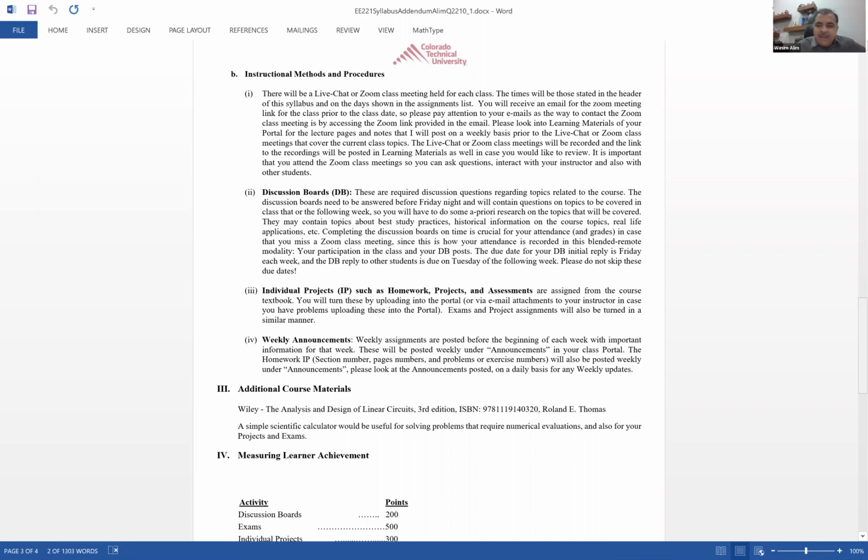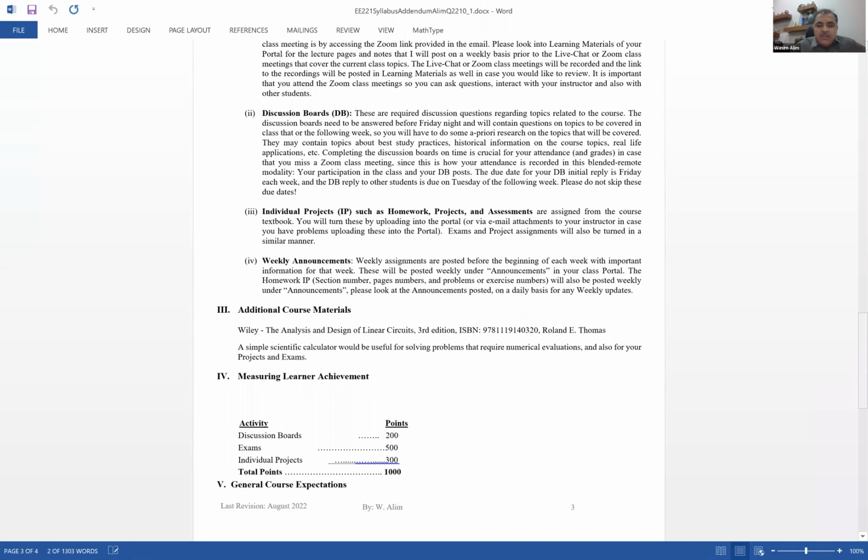And finally, the other assessment criterion is the exam. About 50% of our assessment will be done through the exams. Then 30% is through individual projects, which are homework assignments and lab assignments. And then there'll be a weekly discussion forum, as I mentioned. Each week, 20 points are dedicated to each discussion forum.